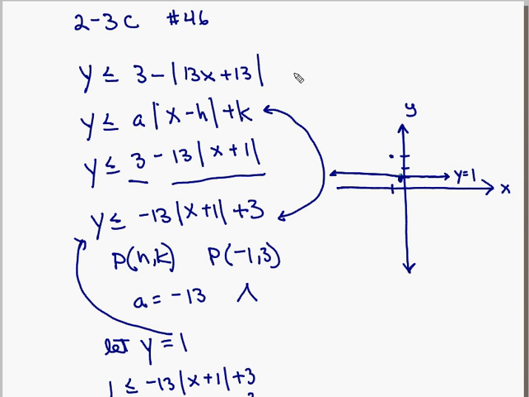And then I have negative 1 2/3, right here, negative 1 2/3, comma 1. And that is going to be where the line crosses as I make my graph.